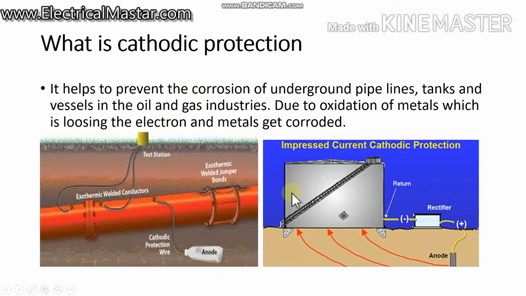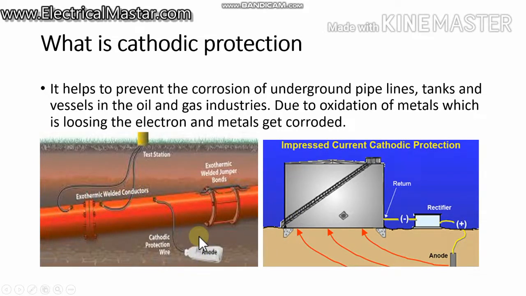For cathodic protection, we need to understand one more concept, the anode, because the anode has the major role in cathodic protection systems. We know the anode is normally positive in nature. This anode helps to prevent the piping structure or any metallic structure from getting corroded.